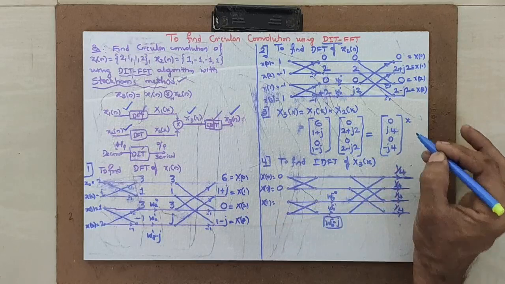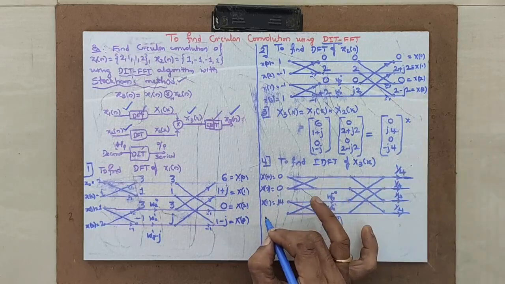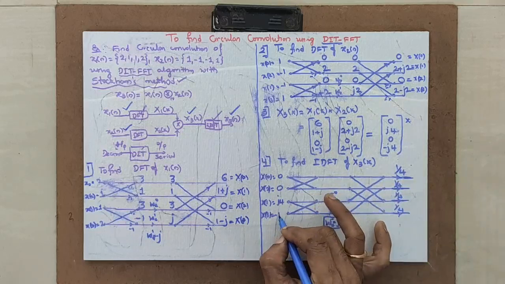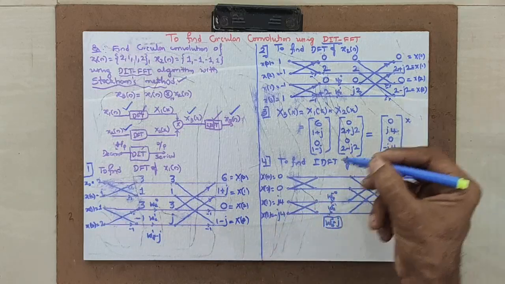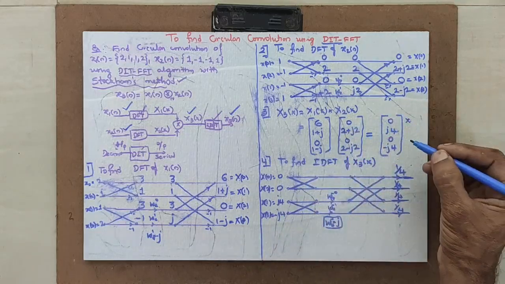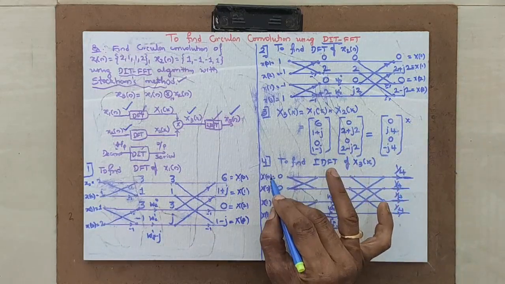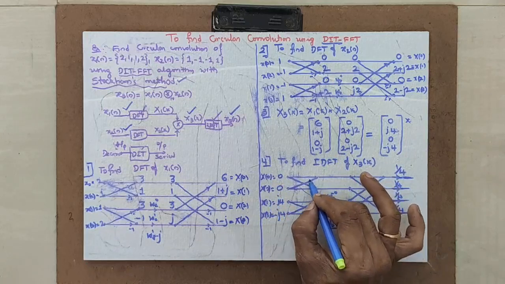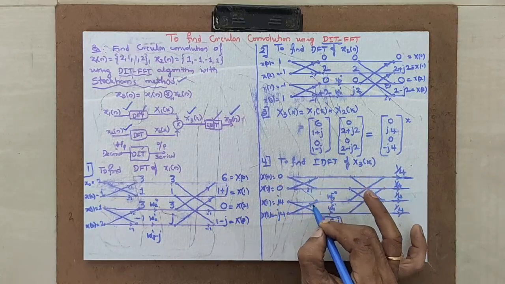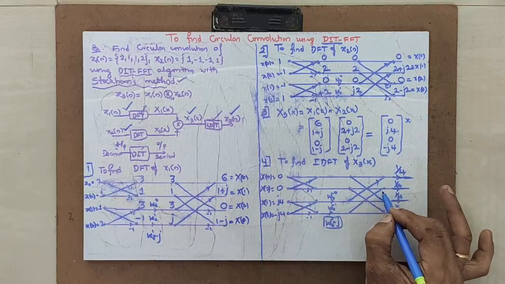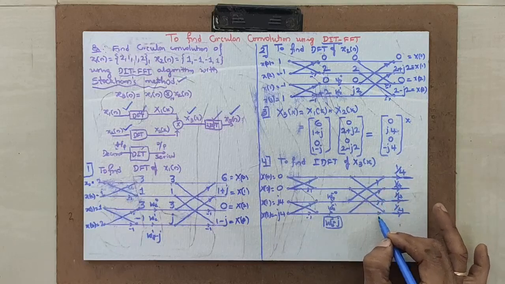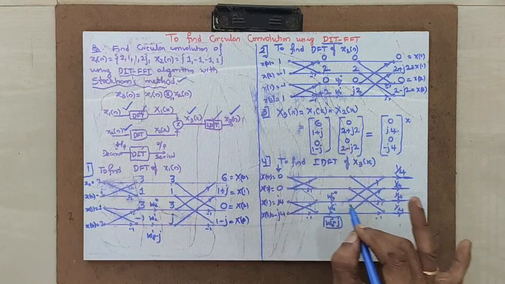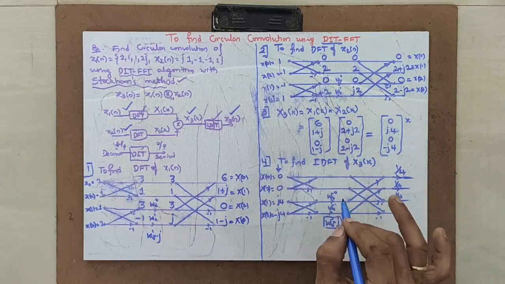Then x1 is j4. Then x3 is minus j4. Right. Again I verified whether I have entered the data correct or not. Yes, I have entered the data 0, 2, 1, 3. Correct. Then I will go towards the algorithm finding. That means addition and subtraction. Once I clarified that my data entry is decimated here, even odd, and output I will get now.